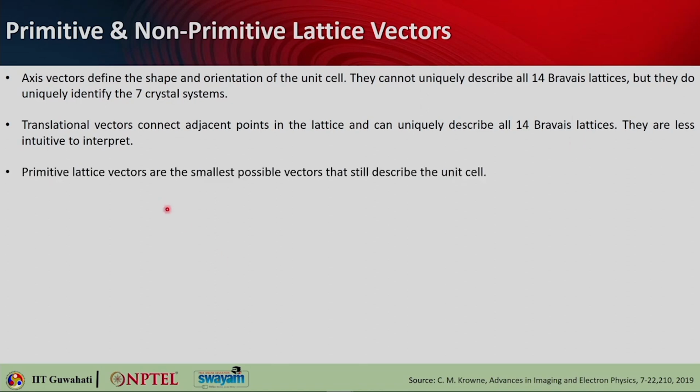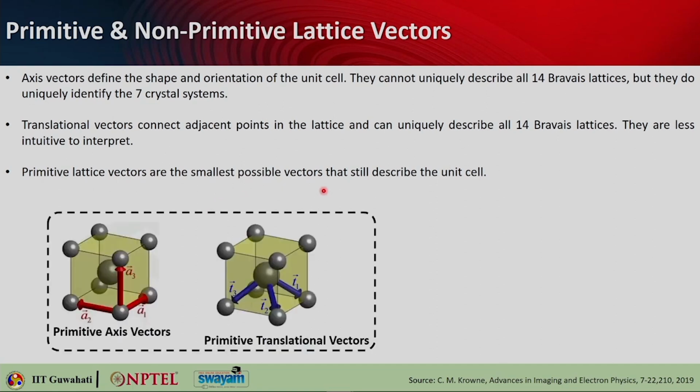Now the primitive lattice vectors are nothing but the smallest possible vectors that can describe the unit cell. We will take this as an example. If you take this as your unit cell, this is basically a BCC structure, body centered cubic structure. Here you can see these are the 3 vectors. So you can say these are the primitive axis vectors.